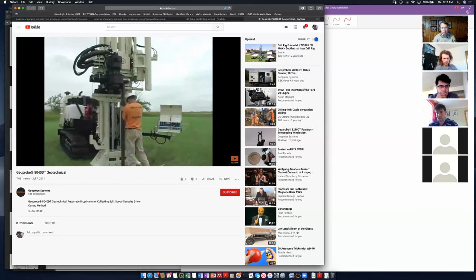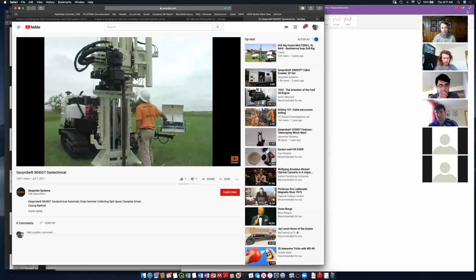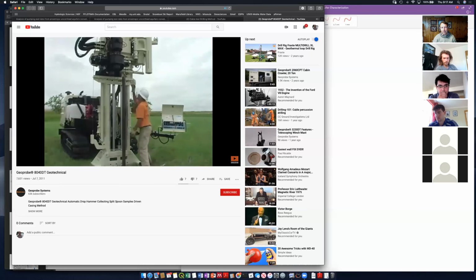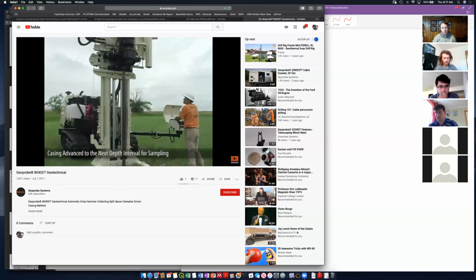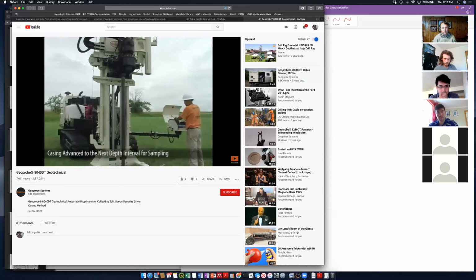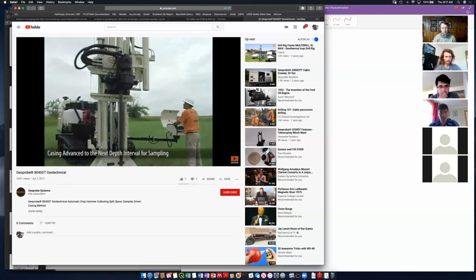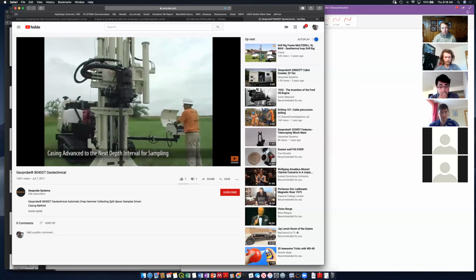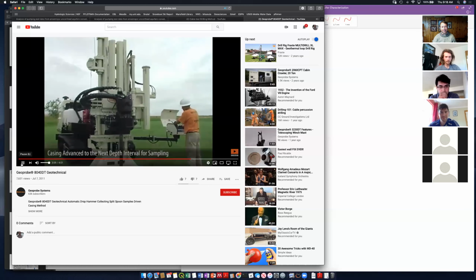And drillers get really good at this, putting sections of drill stem together and taking them back apart again. Look how fast he's going. Man, that is soft stuff, let me tell you.